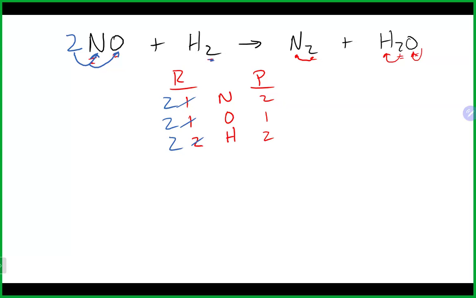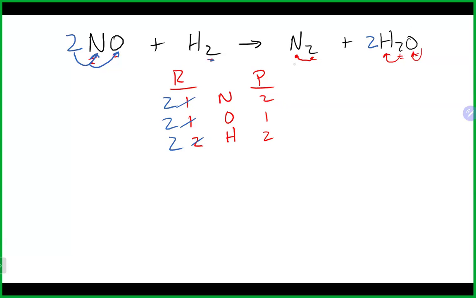At this point, just like I mentioned, we fixed nitrogen, but we then kind of screwed up the oxygen, right? We can still see our hydrogen is still good. So clearly at this point, oxygen would be the next easy thing to go fix. I have 2 on the left, 1 on the right. So I'm going to put a 2 there on the right-hand side.